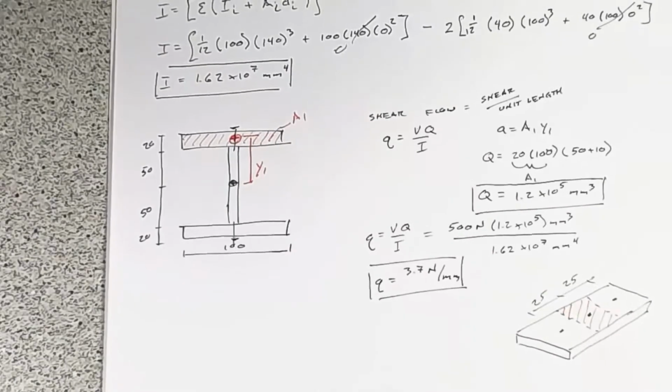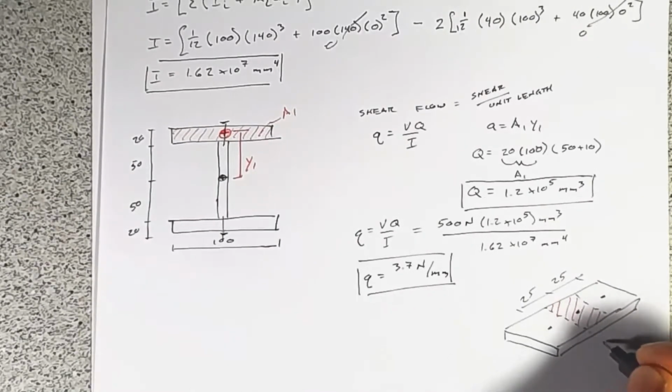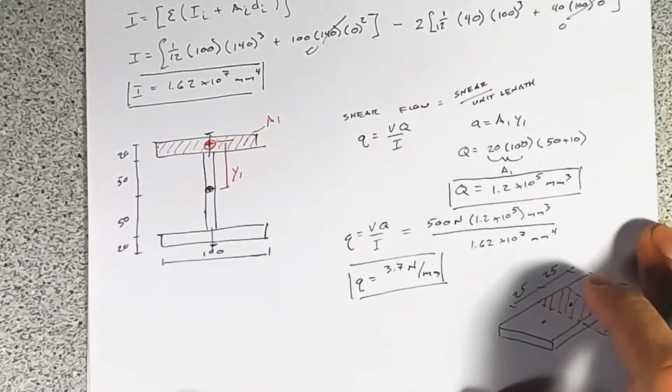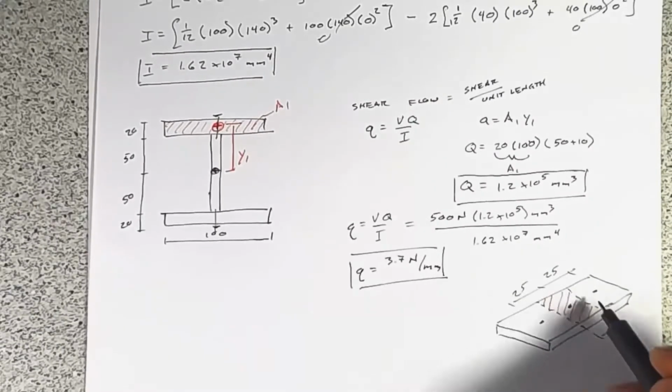So all we need to do to find out how much shear is going into a particular nail is multiply our shear flow by a distance. And that distance is 25. So it's halfway between the two, and because we've got both sides, that's 25.